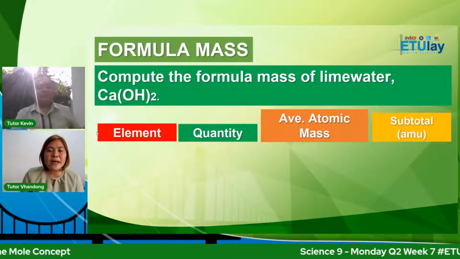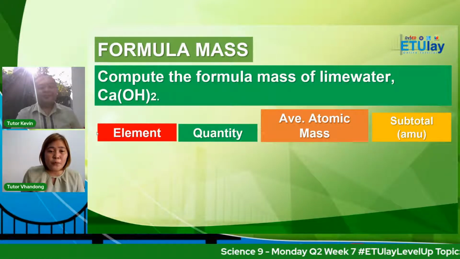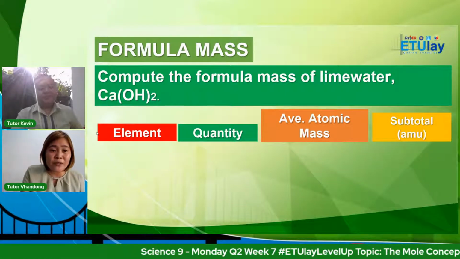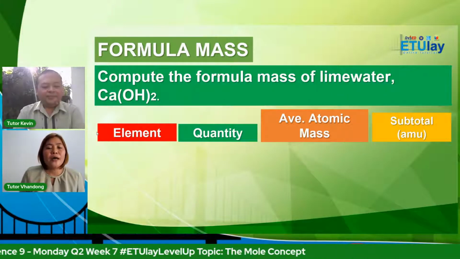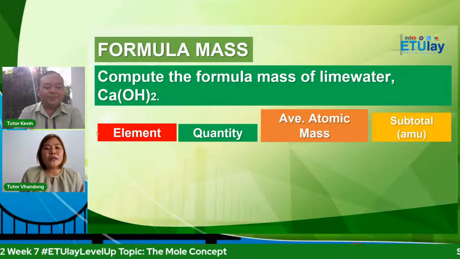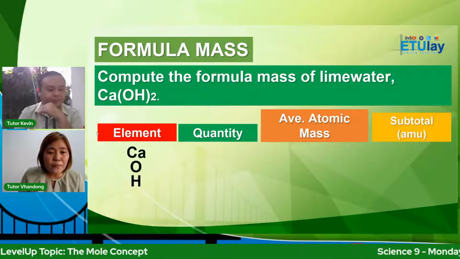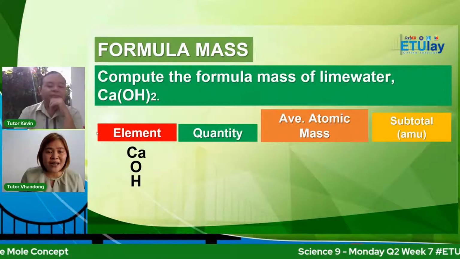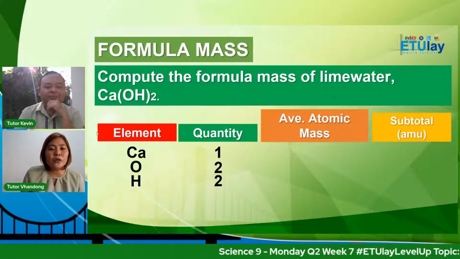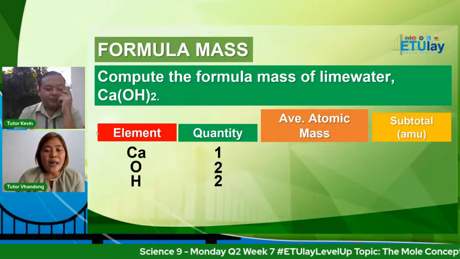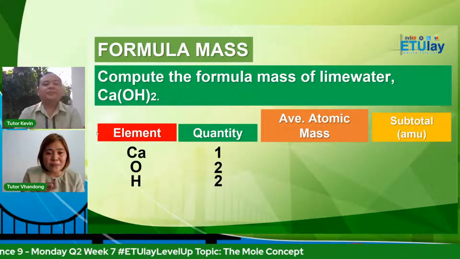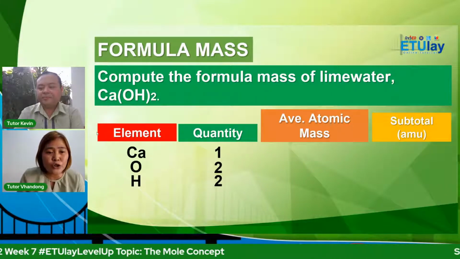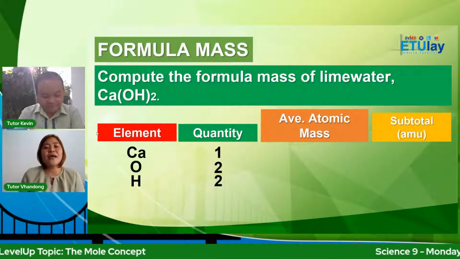Compute the formula mass of lime water. That is calcium hydroxide, Tutor Kevin. That's lime water, and the formula is Ca(OH)2. So the elements involved are calcium, oxygen, and hydrogen. Quantity: if we look at the formula, calcium has 1 atom, oxygen has 2, and hydrogen has 2, remember the parentheses.